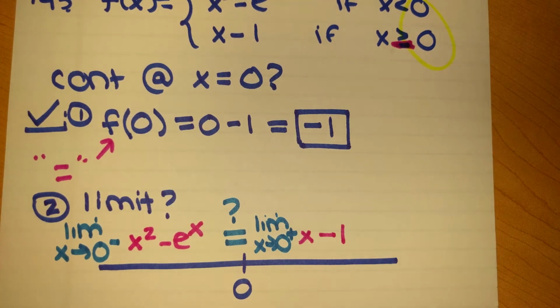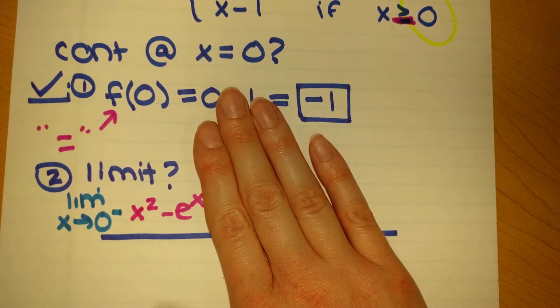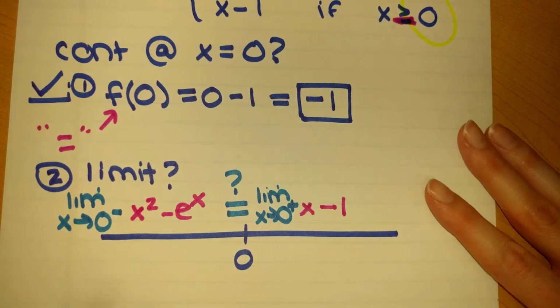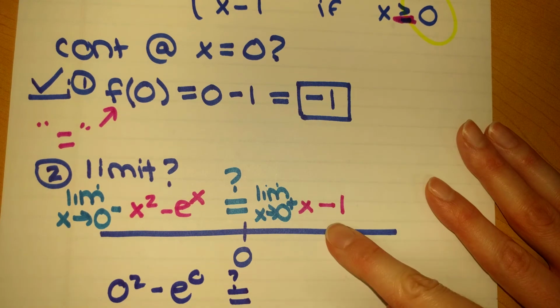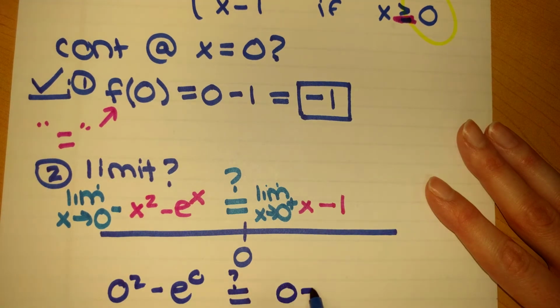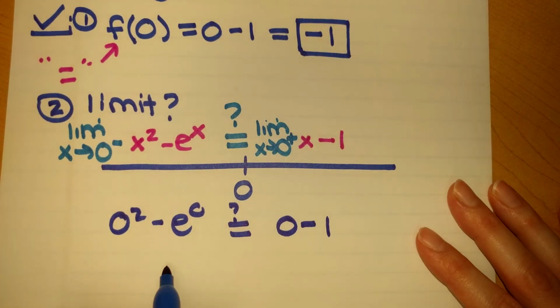So if you didn't have a piecewise function at all, if you just had to find this limit, you would plug in 0, right? So I'm going to plug in the 0 here, and I want that to be equal to plugging in 0 over here to evaluate this limit. And when I do that, I very nicely get negative 1.